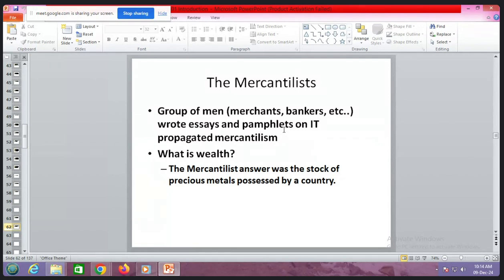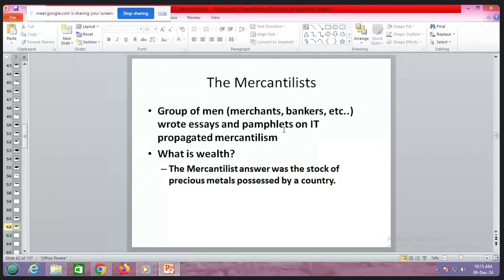And later on, this theory started getting accepted by many other countries, that this is the basis for trade. Now, what are we trying to understand in the mercantilism view of trade? That is, what do they define as wealth? It's a simple thing. It's a very simple theory.